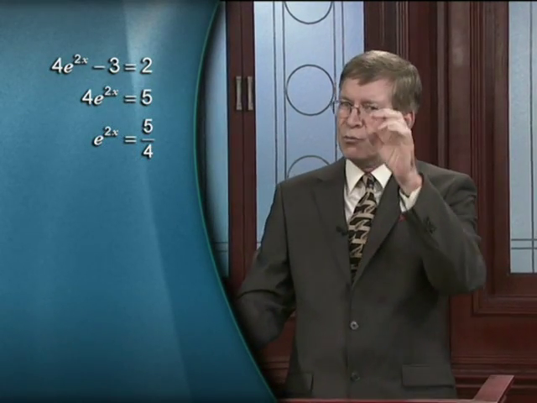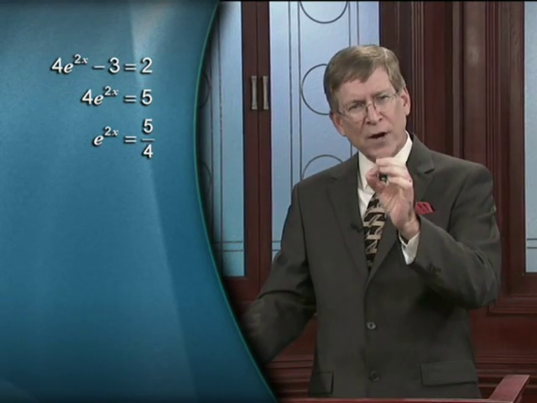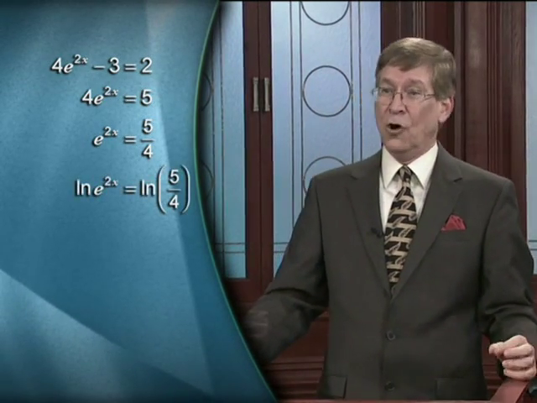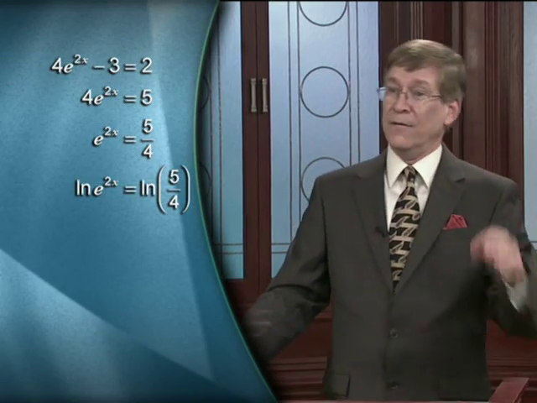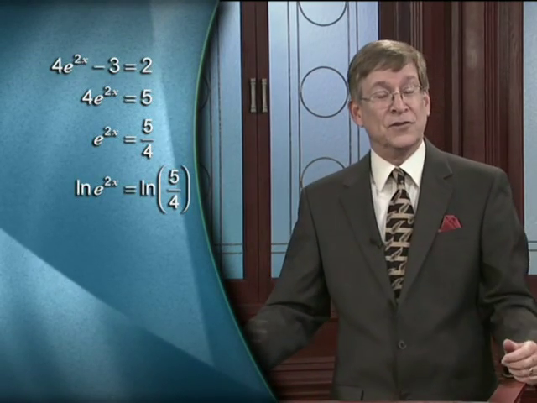Now, some of you might be able to jump right away to the equivalent logarithmic equation related to this equation, e to the 2x equals 5/4. But I'm not that comfortable. Here's what I usually do. I usually take logarithms of both sides. So I have log of e to the 2x and then the logarithm of 5/4 on the other side.